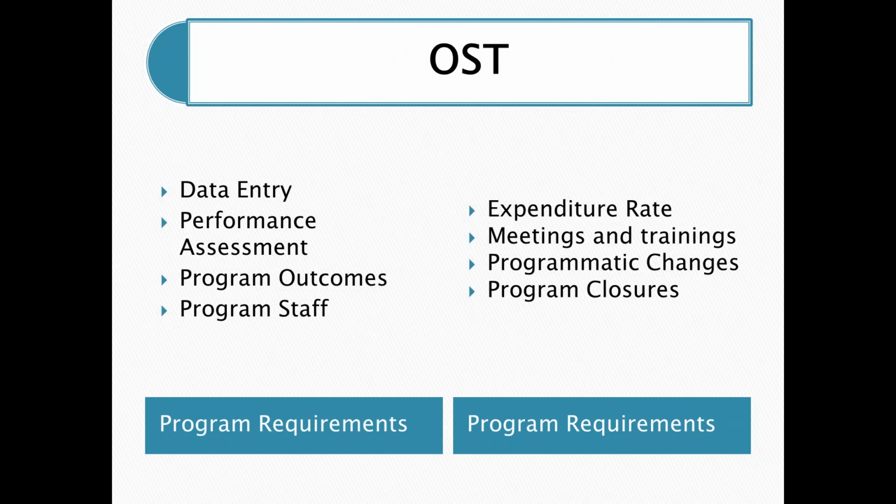Program requirements. We require that you are in our data entry system, and in this case, it is CitySpan. When you get your work scope, you will see that we break out what we expect you to have in CitySpan. Most importantly, we encourage you to put your average daily attendance in the system at least on a weekly basis, although daily is better.